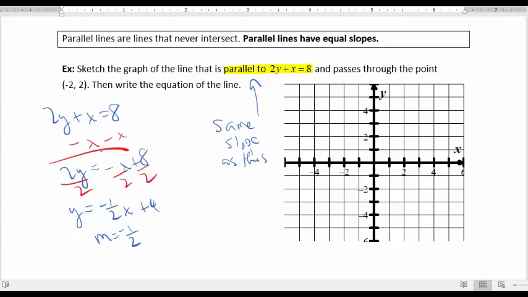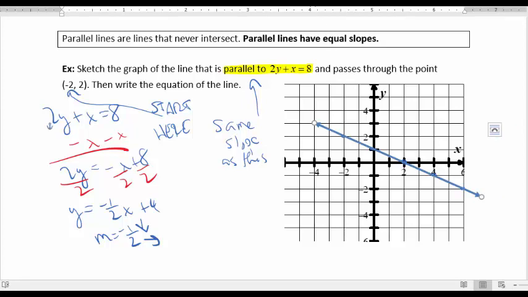Now, do we know what the y-intercept is yet? No, but we do know it passes through negative 2, 2. So we're going to start here at negative 2, 2, and then we're going to move down 1 and right 2 from there. Down 1 and right 2, down 1 and right 2, down 1 and right 2. There's our line, which we'll now graph.